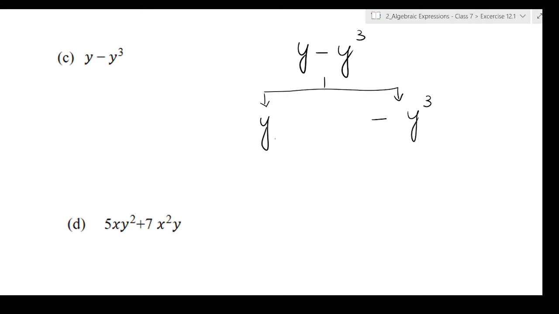If there are no numbers, it means 1. Right? So can you tell me what are the factors of 1y? It is 1 and y. If no sign is there, it is plus. What are the factors of minus 1 y to the power 3? You have minus 1 and you have y, one more y, and another y. y into y into y is y cube.